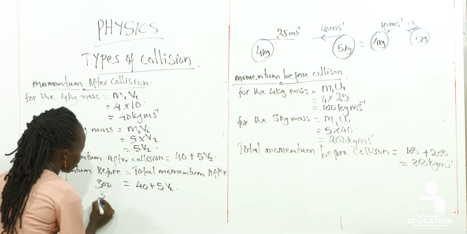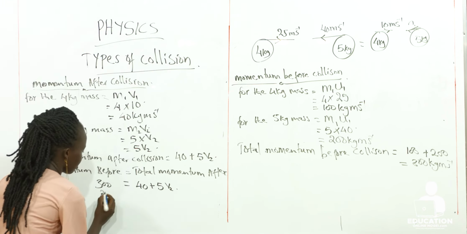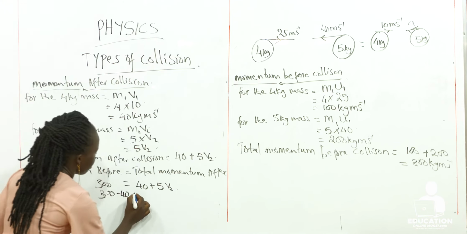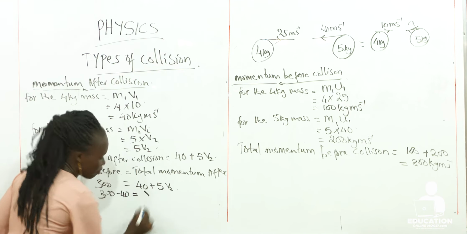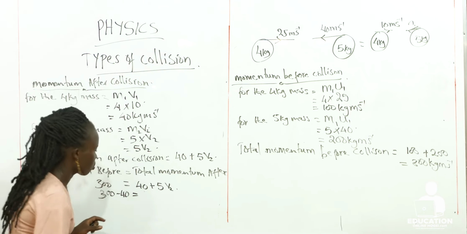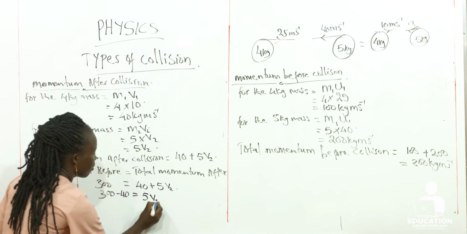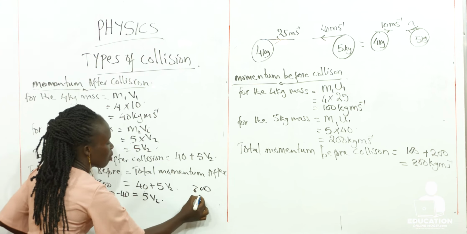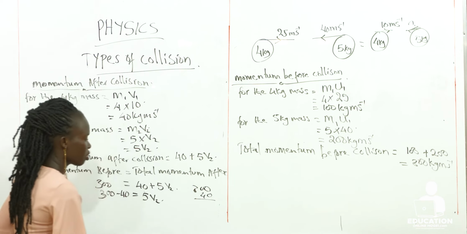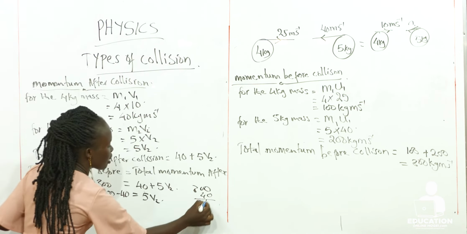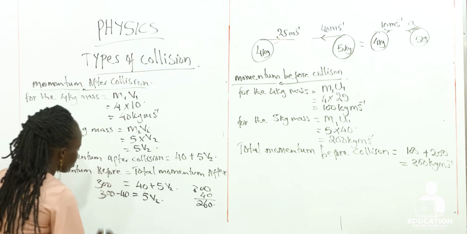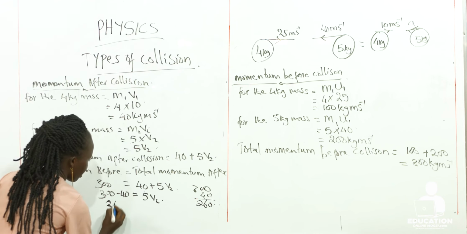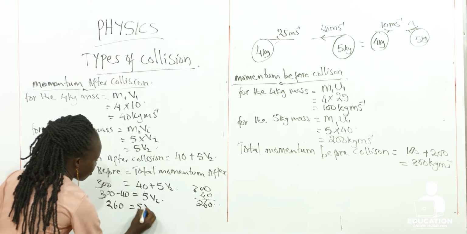So we shall have 300 minus 40 equaling 5 V2. What shall we get? We shall have 260. So 260 equals 5 V2.